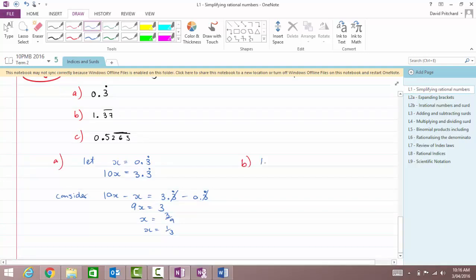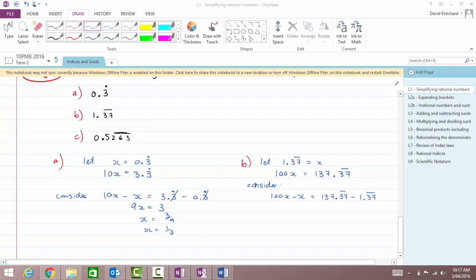Now we can take the same approach then with b. We can let 1.37 reoccurring equal x, or x equal 1.37 reoccurring, and we can manipulate it in the same way. So if we look at not 10x this time, but 100x, then we get 137.37 recurring, and therefore if we take 100x and subtract x, then we're doing the same thing.